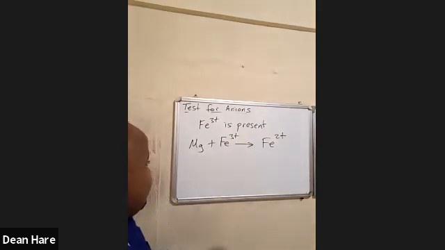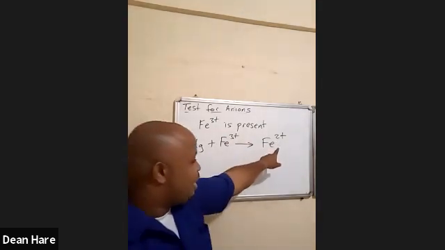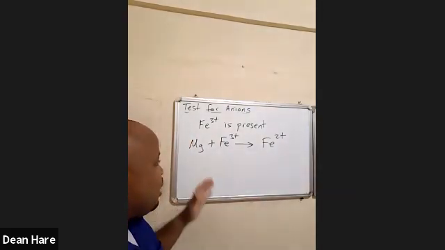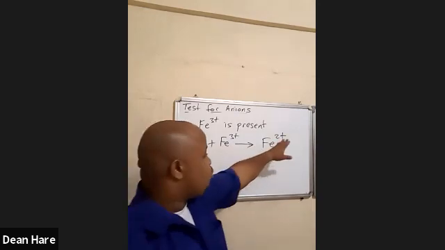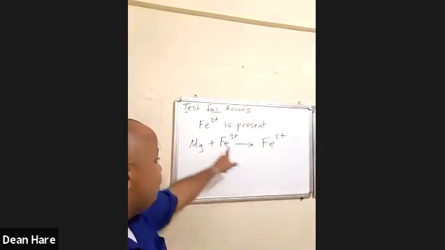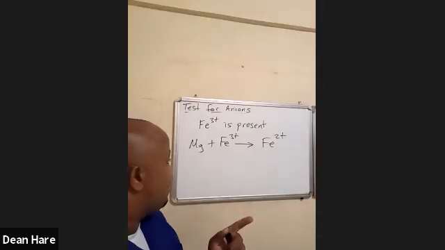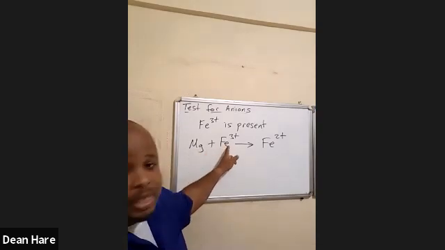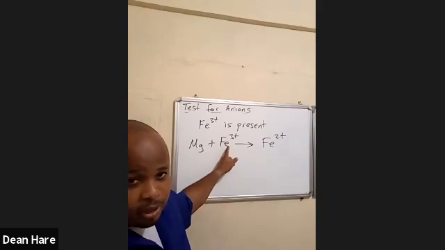If you are getting Fe2+ formed from something that was reduced, it could only be coming from Fe3+. I thought it was like a displacement reaction. It is a displacement, because the magnesium would be displacing the Fe3+.